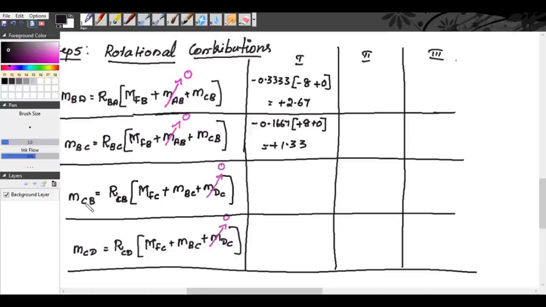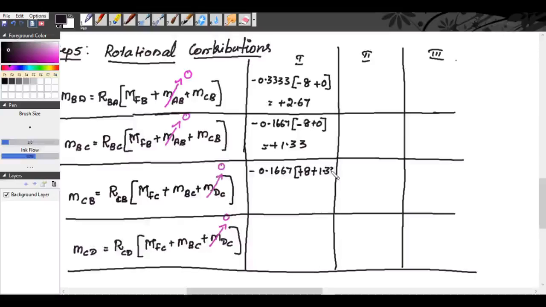Now for MCB, RCB is minus 0.1667 multiplied by MFC is plus 8. Sorry, here it is minus 8. So plus 8 plus MBC, we have calculated it as 1.33.